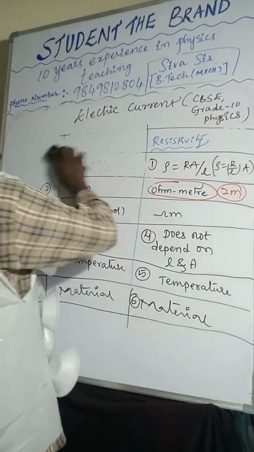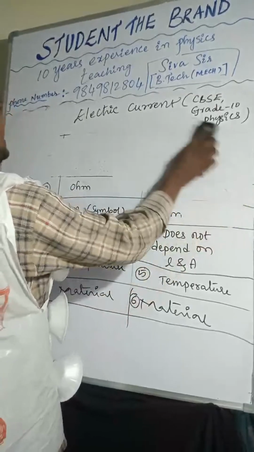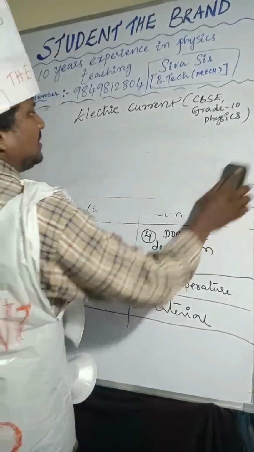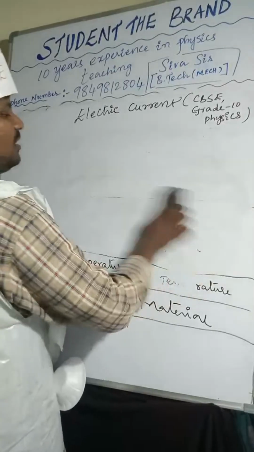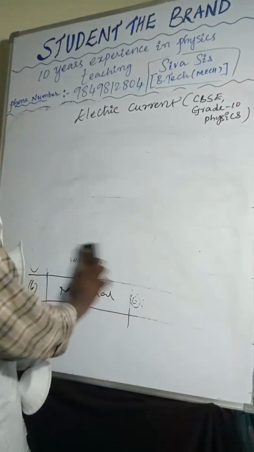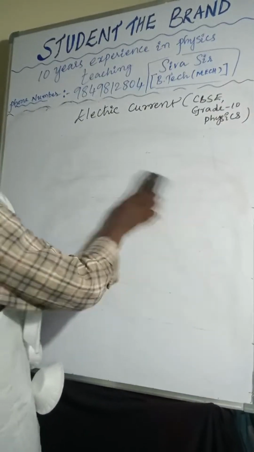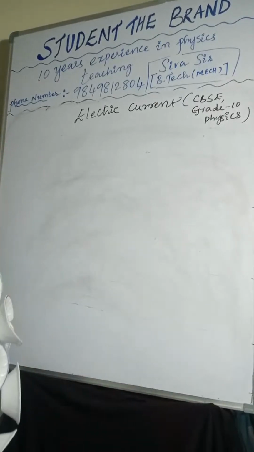Now we are going to the next question: resistors connected in series combination. How can we identify resistors connected in series combination and resistors connected in parallel combination?